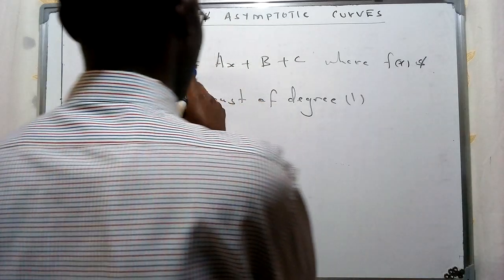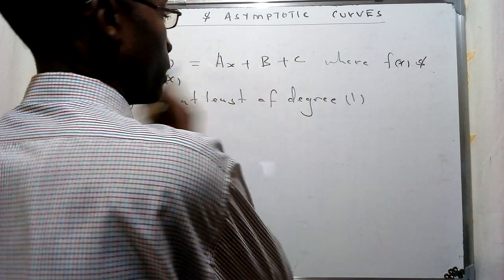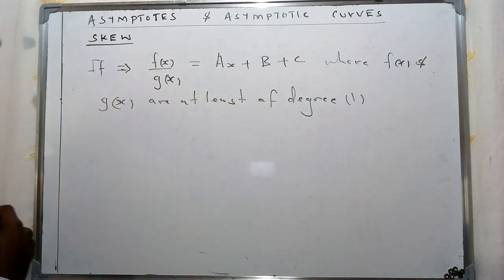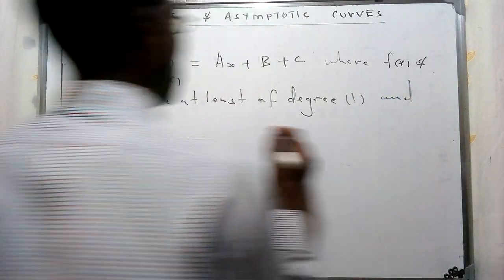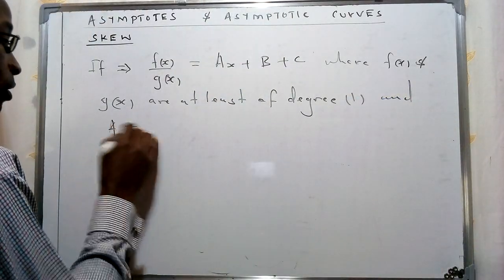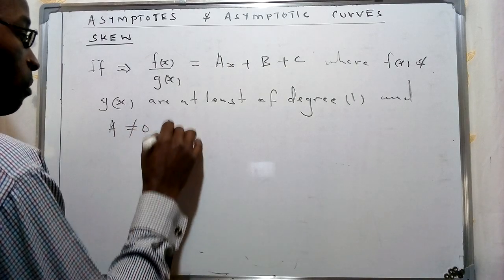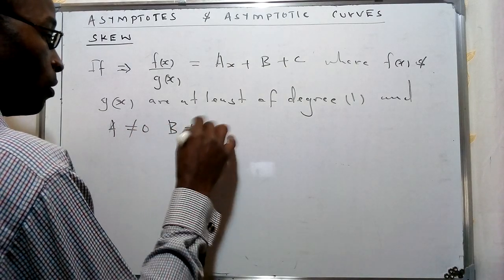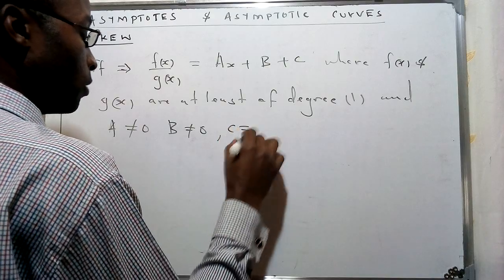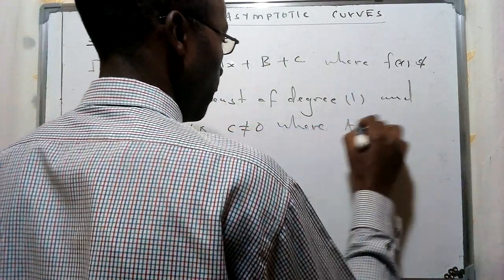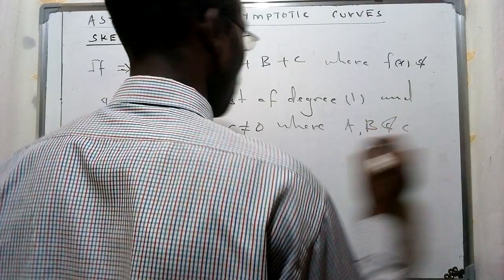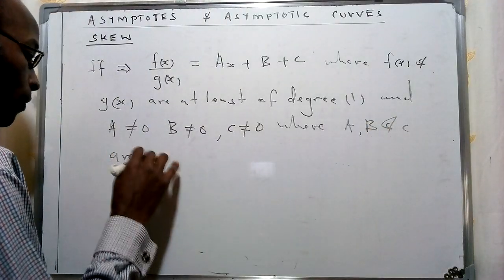So these two functions, which are polynomials, are going to be at least of first degree, and then we're going to have a not equivalent to 0, b not equivalent to 0, and c not equivalent to 0, where a, b, and c are constants.